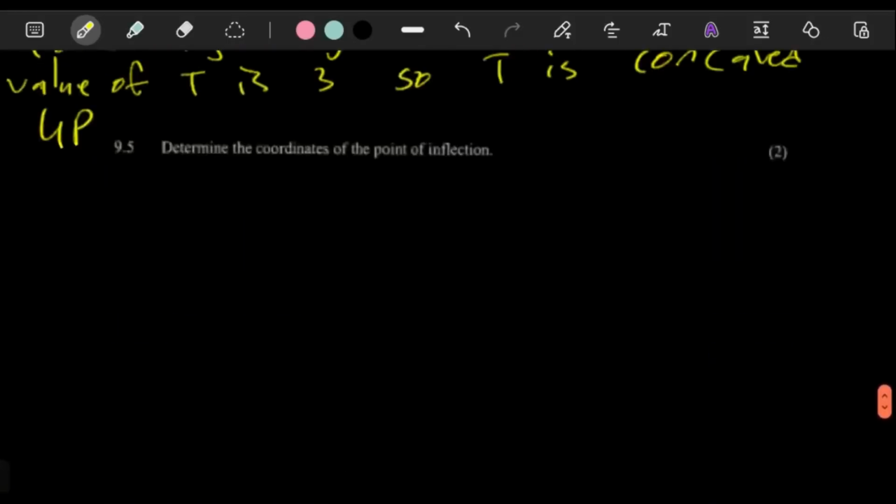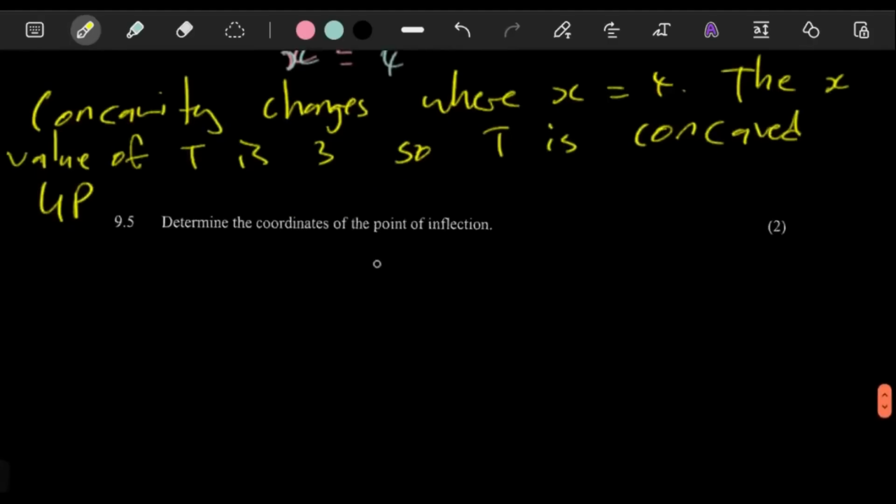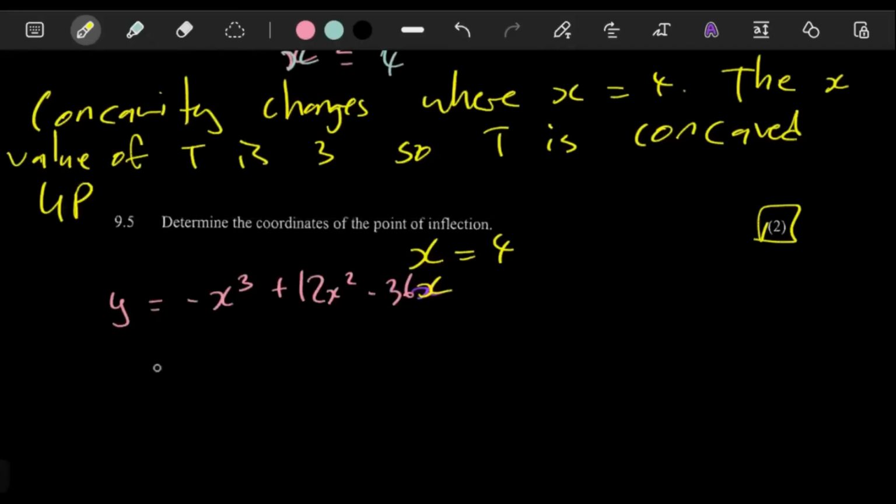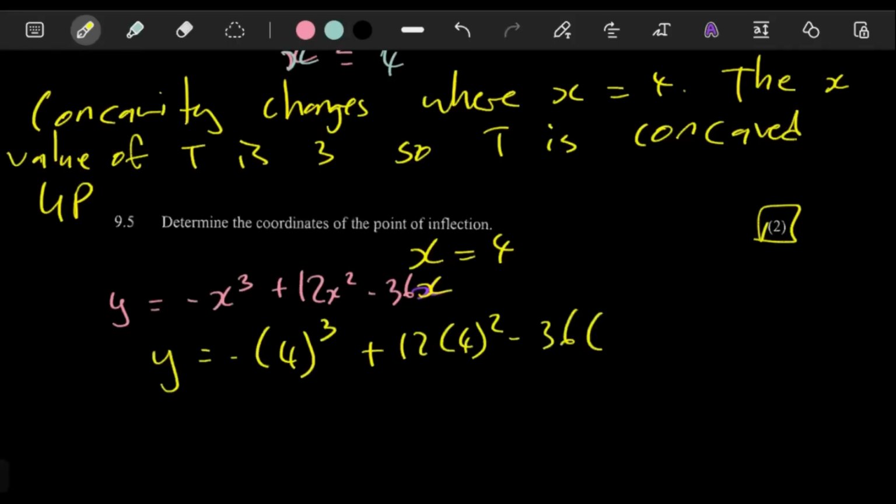So just be careful with these kinds of questions. It says determine the coordinates of the point of inflection. Based on our previous question, we said the x value is 4. So the y value, we can get by throwing it into our equation. y is equal to negative 4 cubed, plus 12 times 4 squared, minus 36 times 4. So what do we need?